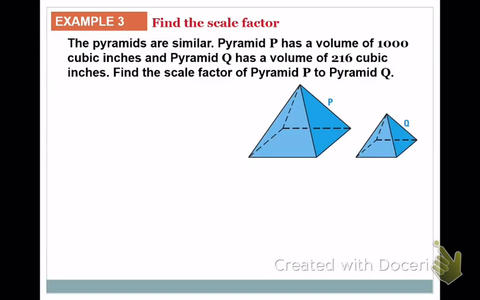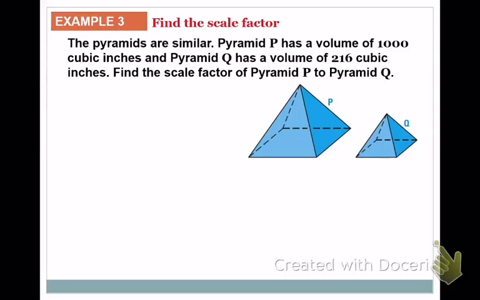The pyramids are similar. Pyramid P has a volume of 1,000 cubic inches. Pyramid Q has a volume of 216 cubic inches. Find the scale factor of P to Q. So scale factor is like the ratio of the sides. So we know the volumes.